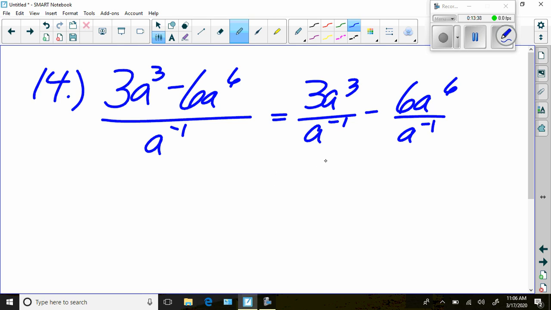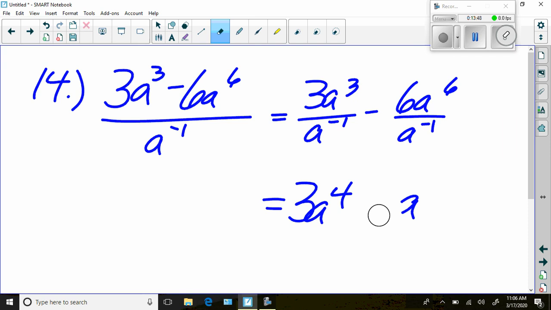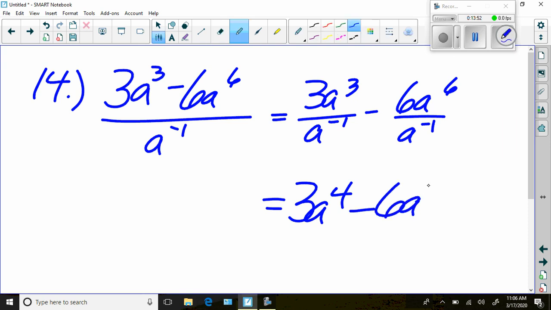Oh, okay. Now move the negative powers, so both of these are going to move up. And that's going to be 3a to the 4th minus 6a to the 7th. Get it? Got it?